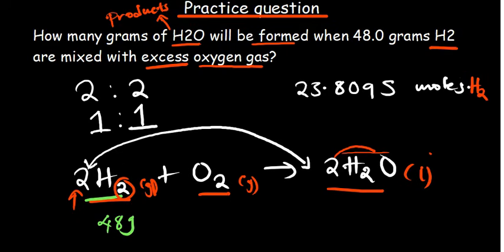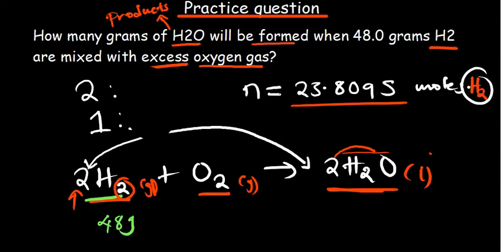So, in that regard, what that tells you is the number of moles that we've calculated for hydrogen are the same for water as well. If we had a different number, let's say for water, if we had a 4, the ratio was going to be 2 to 4. In that case, we would have written the number of moles that we found, 23.8, and then we try to find the value of x. But in this case, they are in the same ratio, so they have equivalent number of moles.